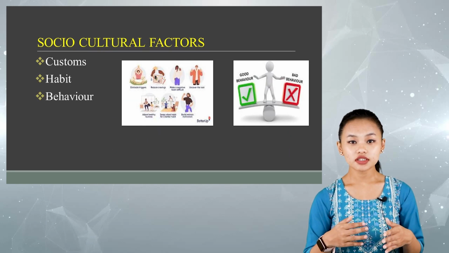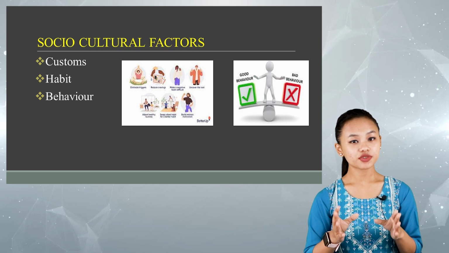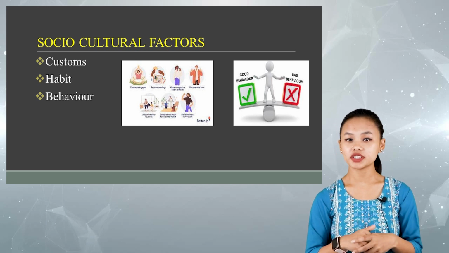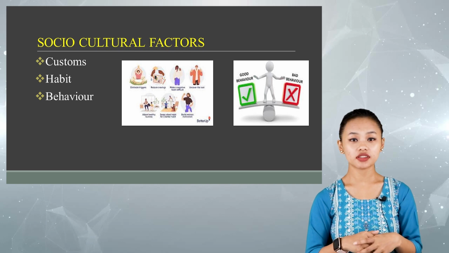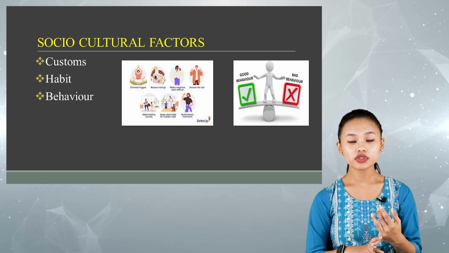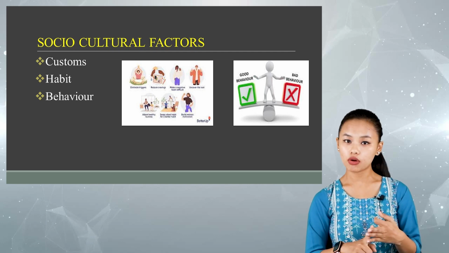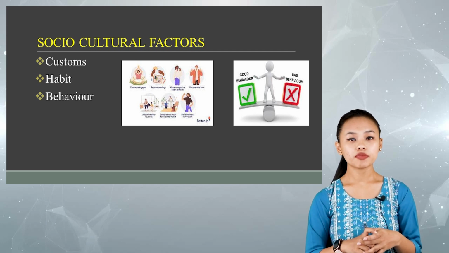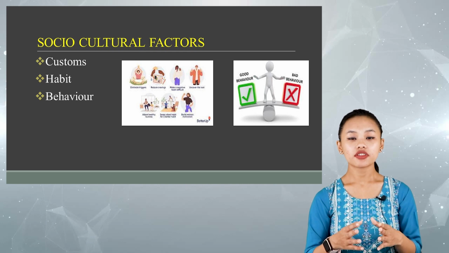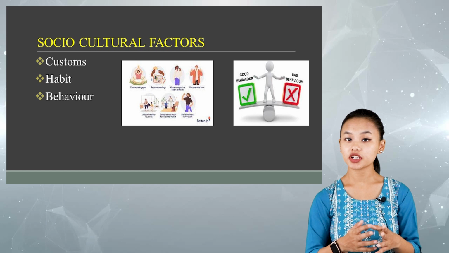Here, the customs, the habits, as well as the behavior which one follows also play a major role in determining their health. If the person is into drug abuse, smoking, or alcohol, is not performing any physical activities, or is overeating, this can lead them to suffer from various kinds of conditions.